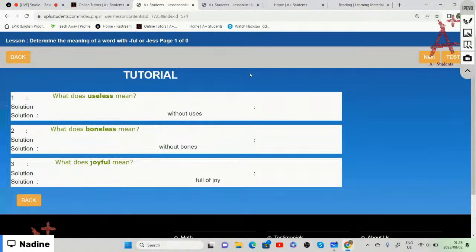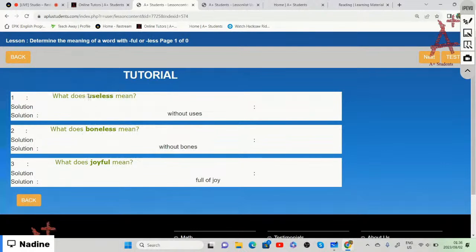And once again, this is also us determining what the meanings are of certain words, or they say certain suffixes or prefixes, right? And in this case, we are now focusing on the suffixes. And we said suffixes are words that you add after the base word, right? And the base word within this word, which is useless, is use.